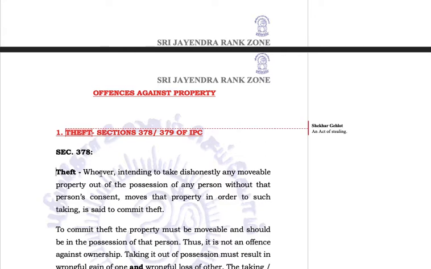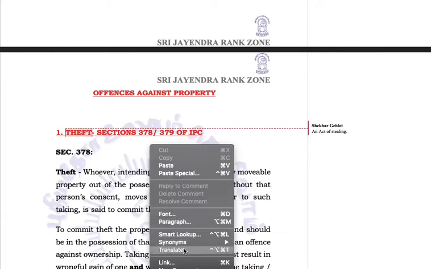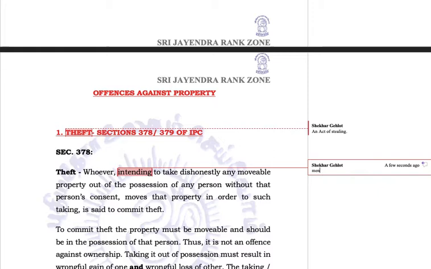Whoever intending to take dishonestly. Whoever intending, that means intention is compulsory. Mens rea, guilty intention, is compulsory to commit theft.